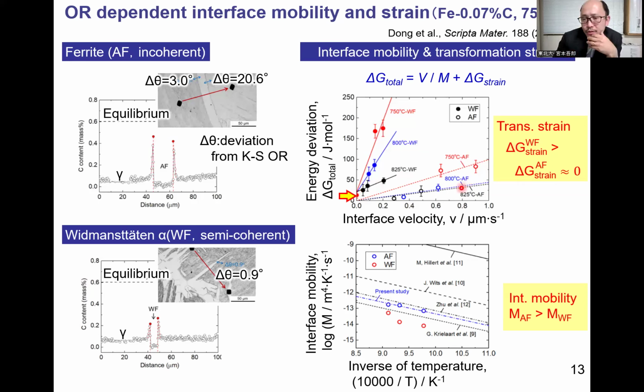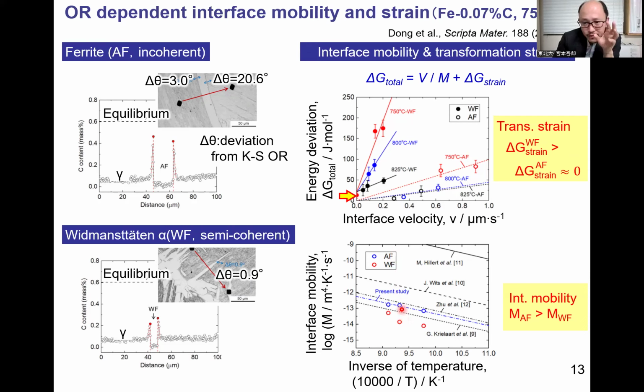But transformation strain for grain boundary ferrite is negligibly small. And this slope represents the inverse of interface mobility. So then interface mobility is evaluated and plotted in the lower figure. The blue is interface mobility of grain boundary ferrite, and red is the Widmanstätten ferrite.